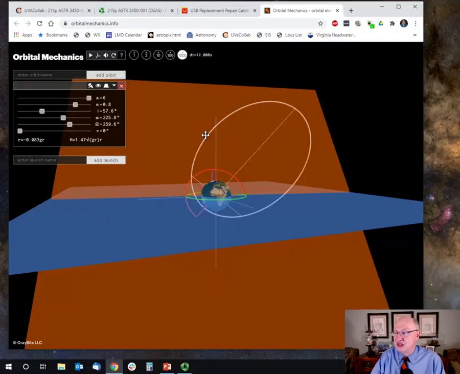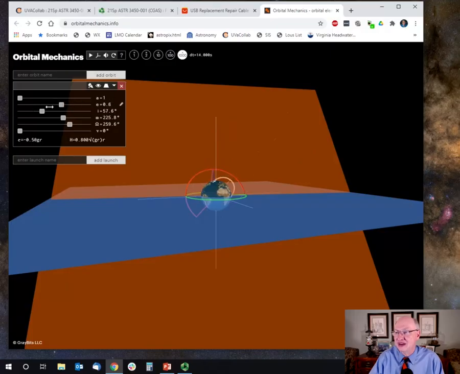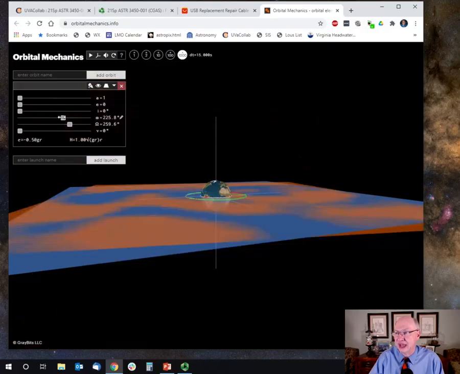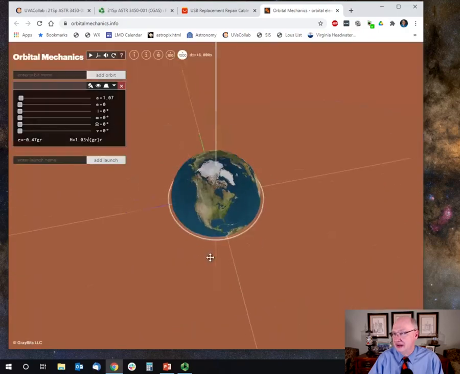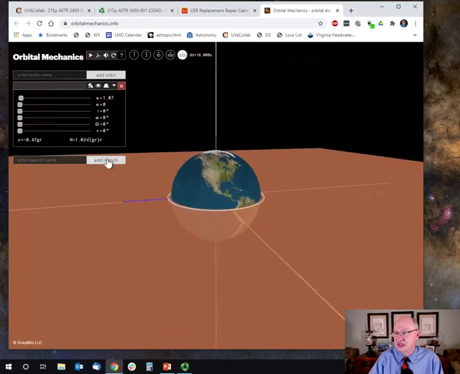It might actually be easier to see this if we do something like the International Space Station. So let me change all these again and go back and look at the International Space Station for a second. Okay. For the International Space Station, you'll remember that it was 1.066. See if I can get that in there. 1.07 is close enough for me being able to set these. The eccentricity is about 0. So I'm going to zoom in here, and pan out a little bit so you can see that better.